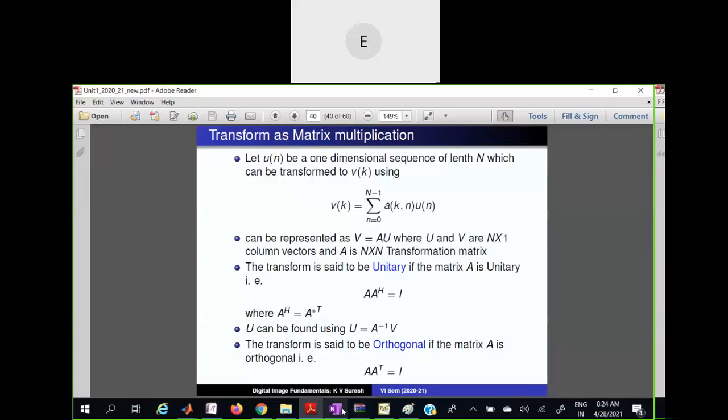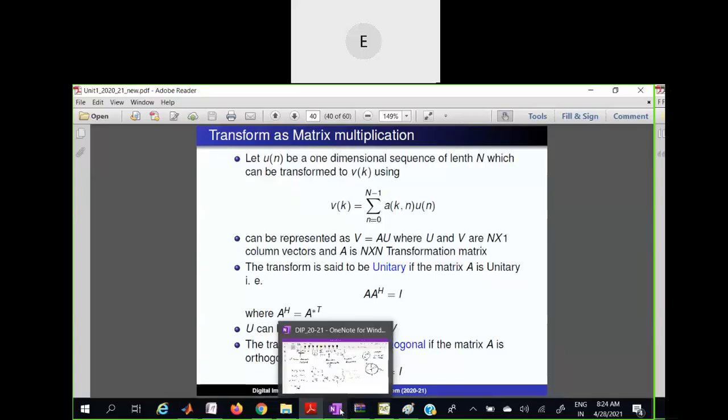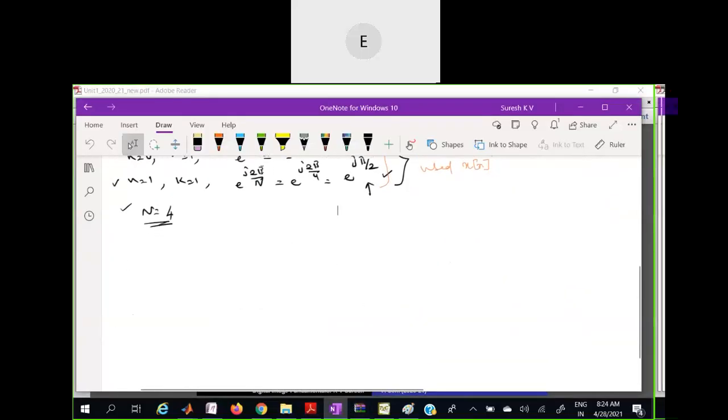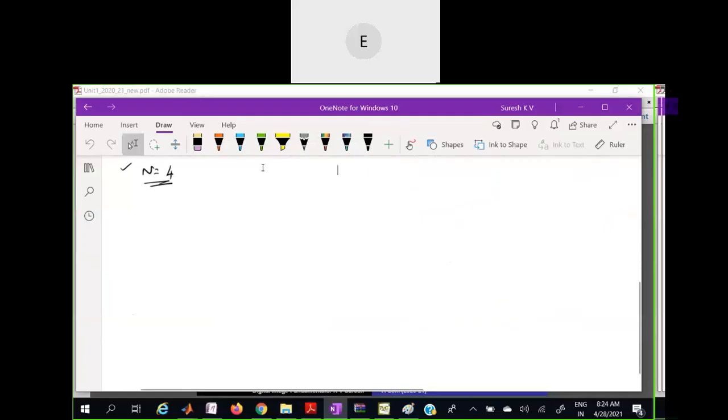Let us go back to my example of Fourier transform, then it is easy for you. Let me write it.